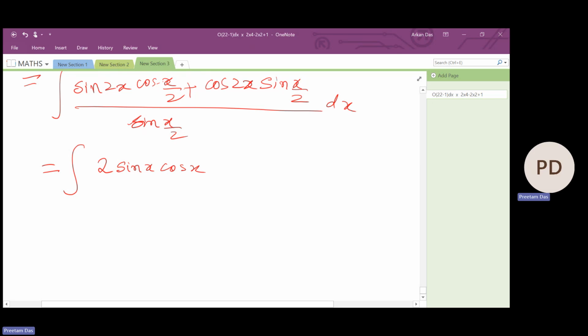But again sine x I can also write as 2 sine x by 2 cos x by 2. Overall, if I write the final step, this will become 4 sine x by 2 cos x by 2 cos x, and then cos x by 2 one separate here, divided by sine x by 2.